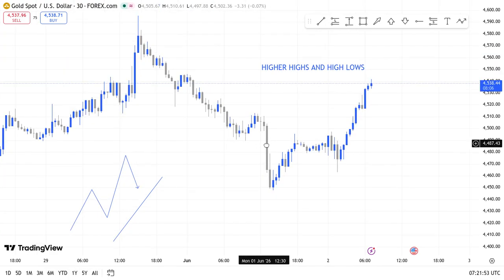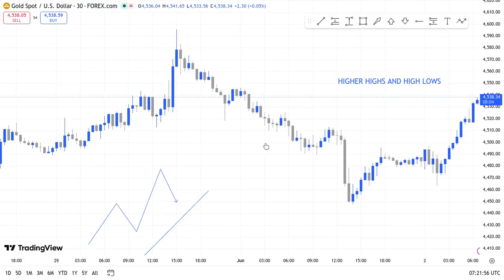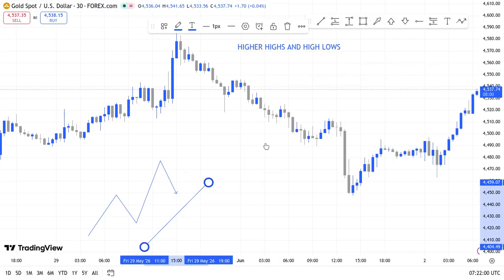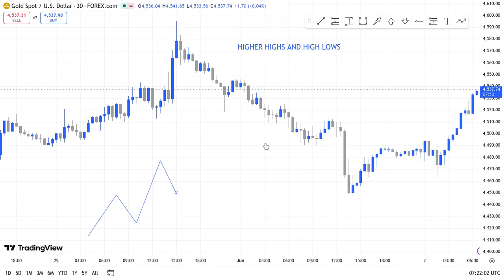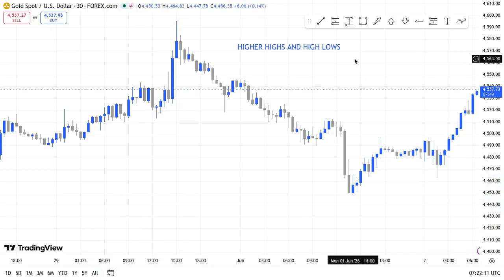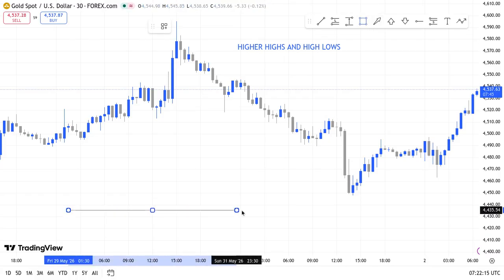So when we are not seeing different higher highs and higher lows in the market, first of all, the market will always have a starting point. Alright, so for example, this is our starting point.